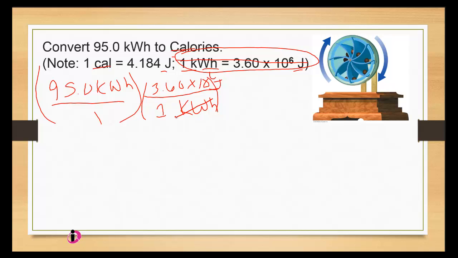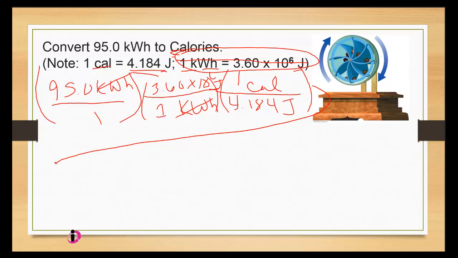Now I have joules on top. We're trying to get to calories. So I have joules on top, that means I want to put joules on the bottom. 4.184 goes with joules, and that's equal to 1 calorie with a little c. I'm running out of room, so I'm going to go down to the next line. Joules cancel.